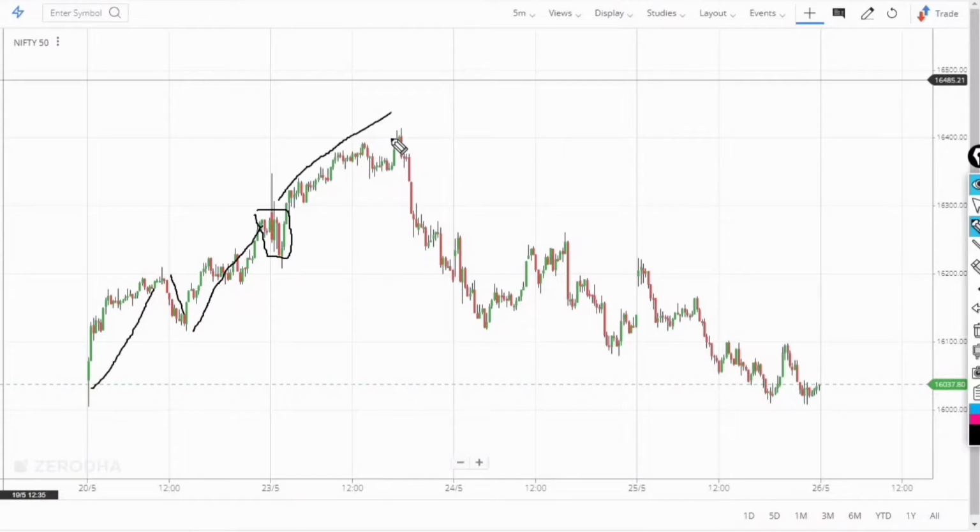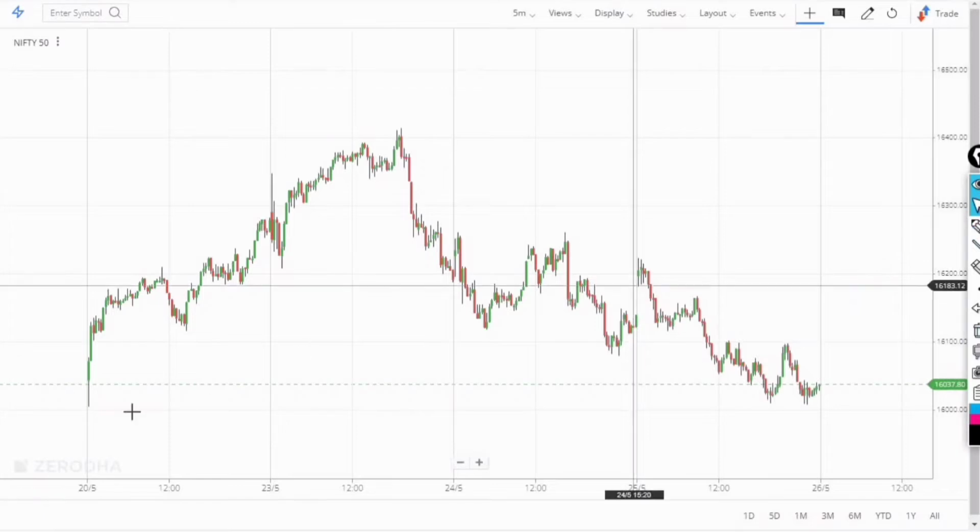From overbought region to oversold region, this is downtrend. Again this is downtrend. This is downtrend. We will see further data.